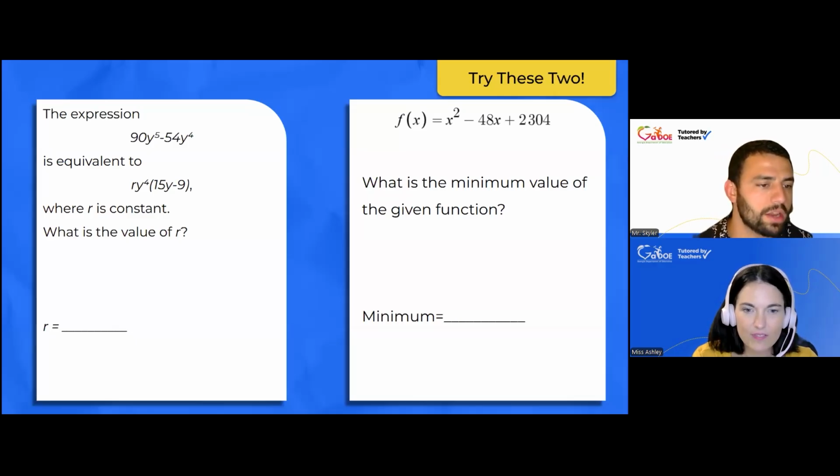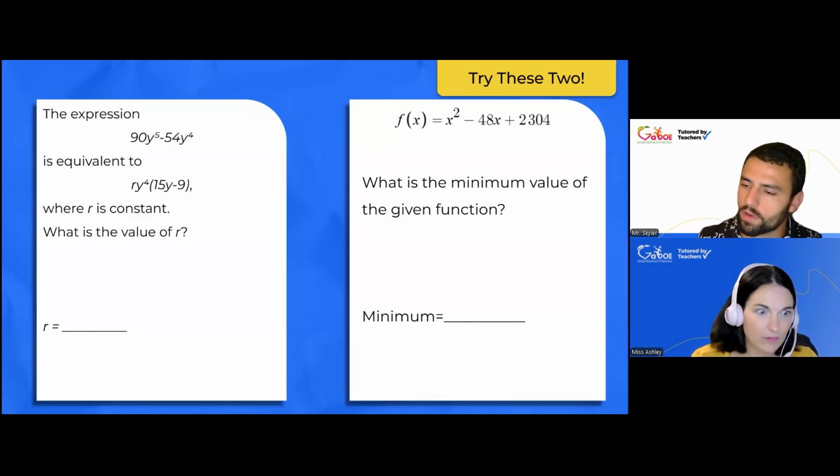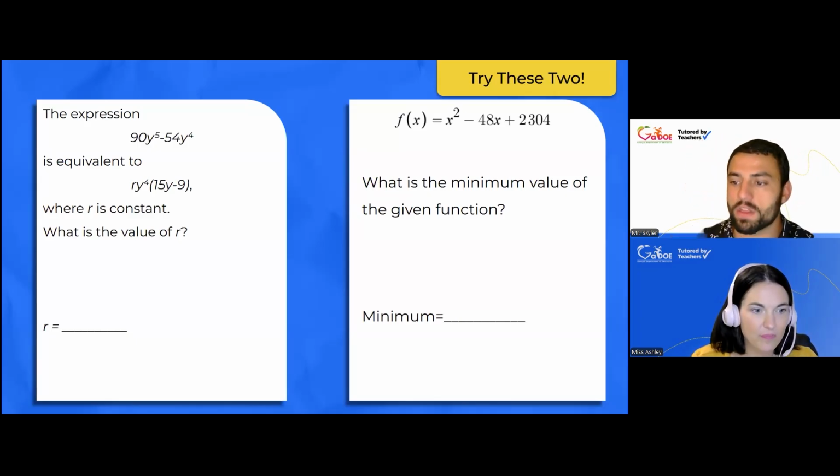So I have 90y to the 5th minus 54y to the 4th is equivalent to ry to the 4th times 15y minus 9. And they want to know what the value of r is. I don't think I can type all that into this, right? So we have a little bit tougher of a problem, and it's a fill in the blank.